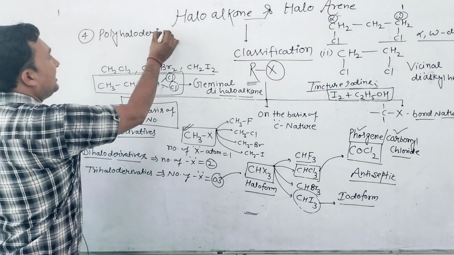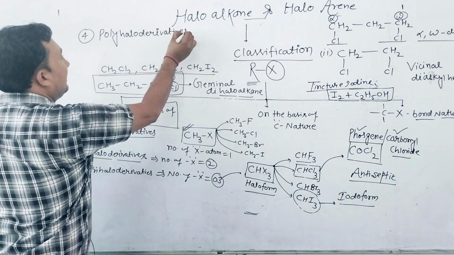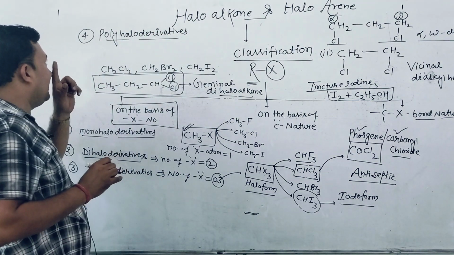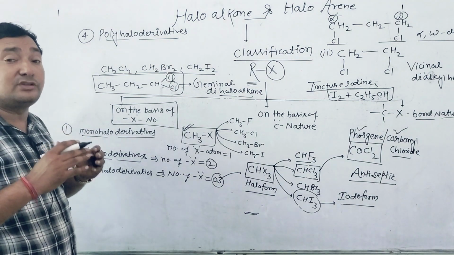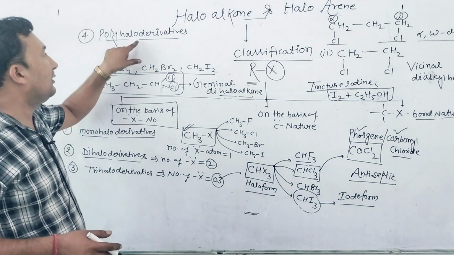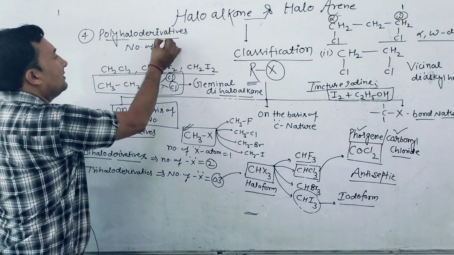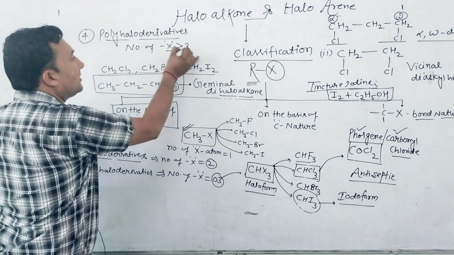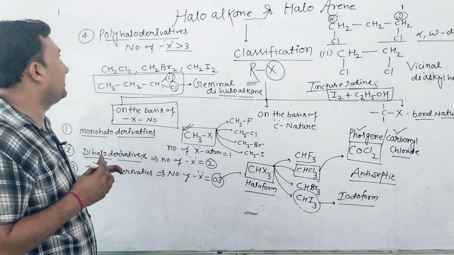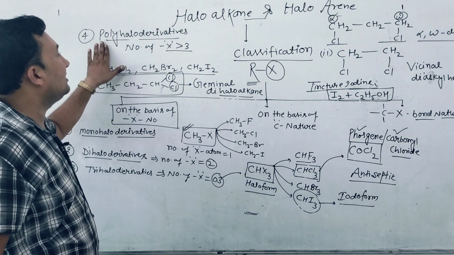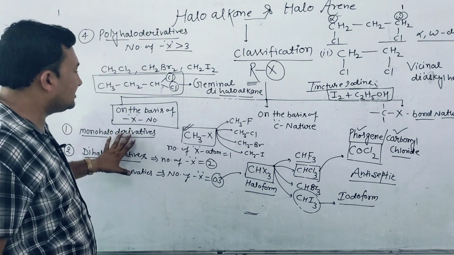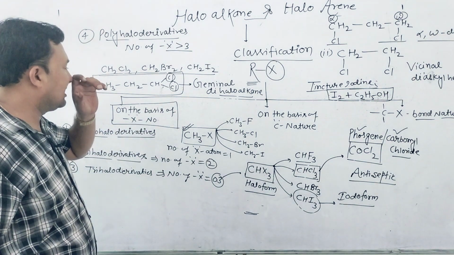As the term indicates, poly means many. If the number of halogen atoms is greater than 3, I mean 4, 5, 6 and so on, then we call it polyhaloderivatives. These are the fourth subcategory in the classification on the basis of halogen number.